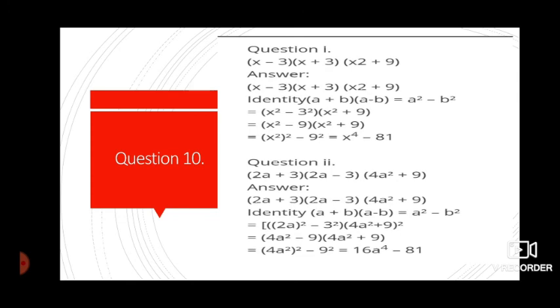Now again it is looking like (a minus b) into (a plus b). If (a minus b) into (a plus b) is there, we can write a square minus b square. Here a is 4a square, b is 9.